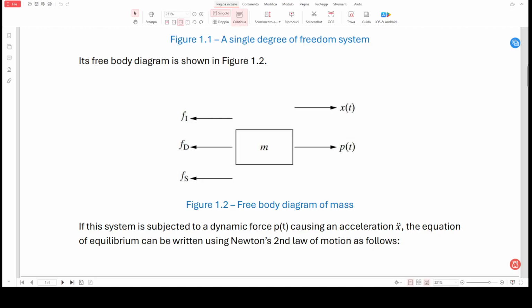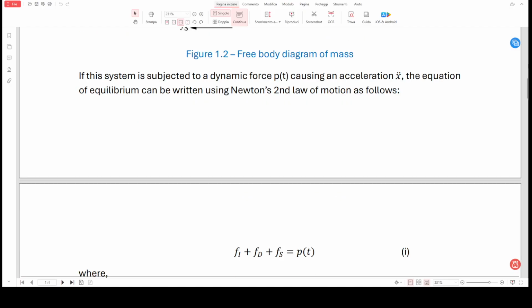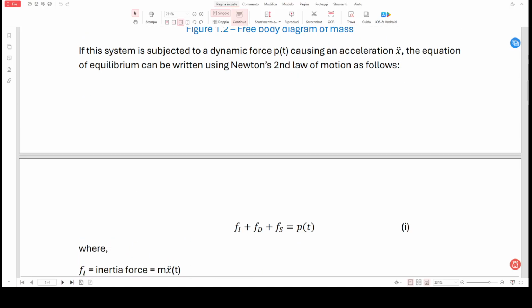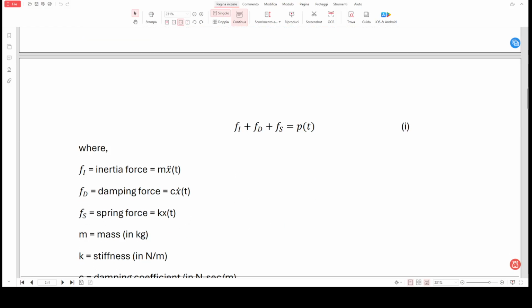So in this case the equation of equilibrium we can write in this way, where Fe is the inertial force, Fd is the damping force, Fs is the spring force, equal to the external force applied.